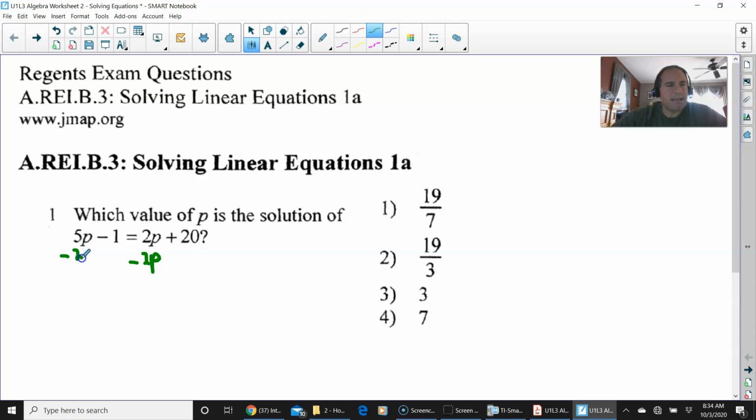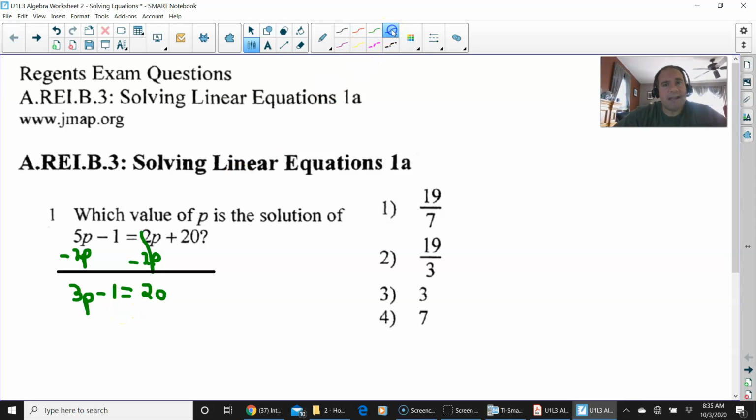Remember, you cannot solve an equation with variables on both sides. Once that happens, this cancels, and you have 3p, with the variable now on one side, equals 20. 3p minus 1 equals 20. That is a two-step equation.